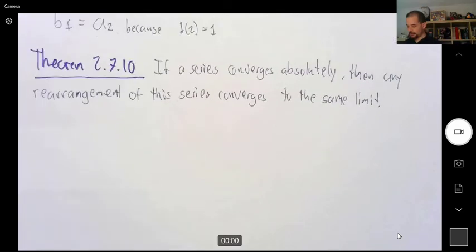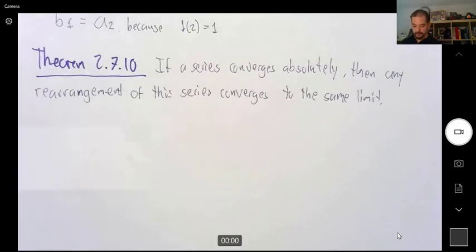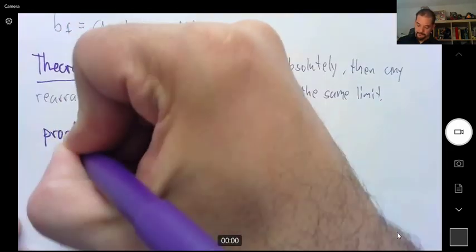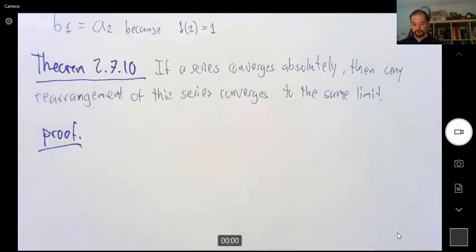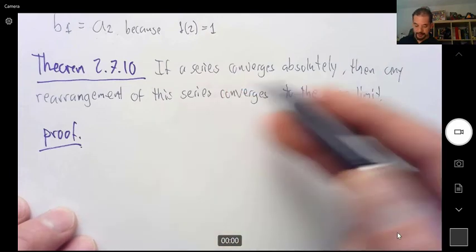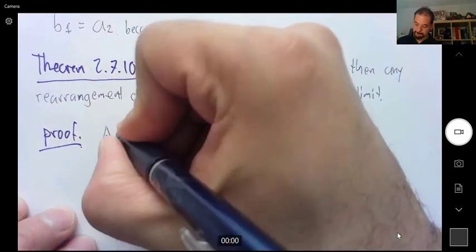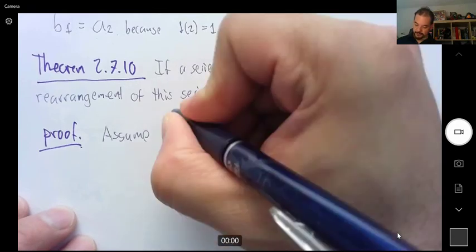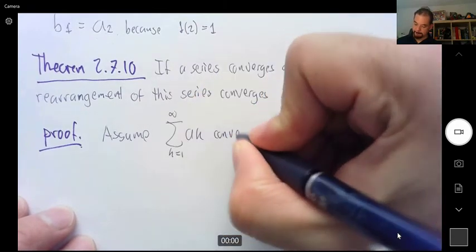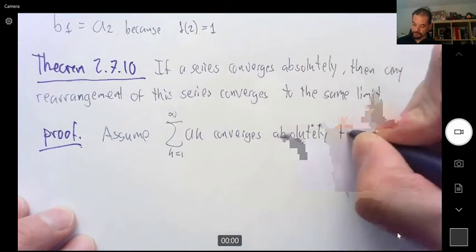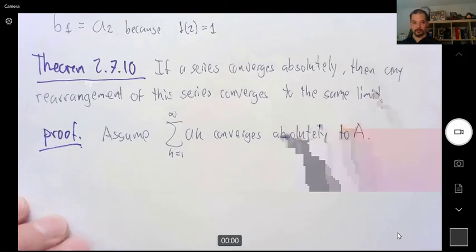Good. So let's do the proof, and that will be all that we need to do today. Our assumption, we're going to call it A, is that we have a series that is absolutely convergent. So assume the series sum of a_k from 1 to infinity converges absolutely to capital A. And then we need to consider a rearrangement.